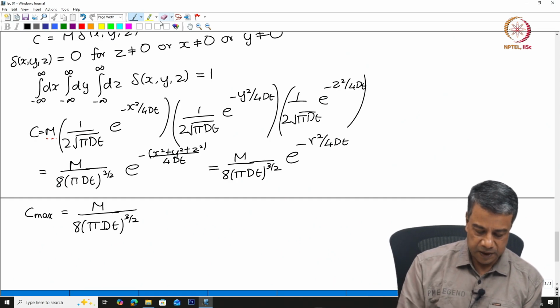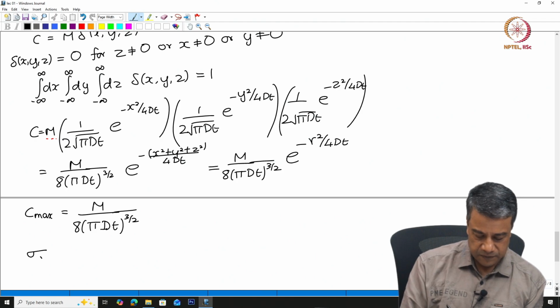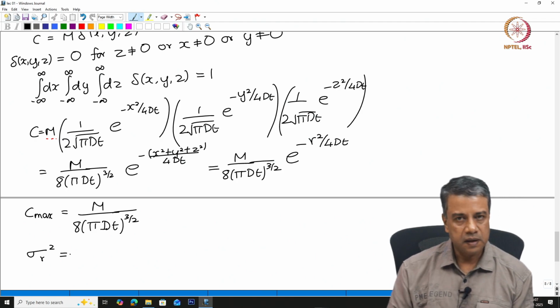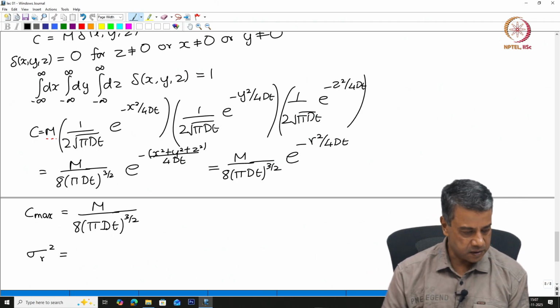One can calculate the variance of the distribution as a function of r, for example, the spread radially outwards. Okay.